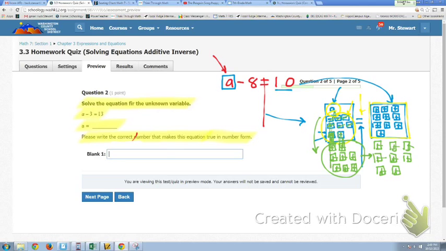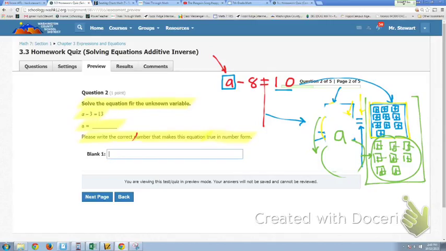So these are all canceled out. They're gone. But to keep it balanced, I had to add 8 positive numbers to this side. Now I'm left with A is equal to whatever happens to be all over here, which, if you count them out, is 18 positive numbers.